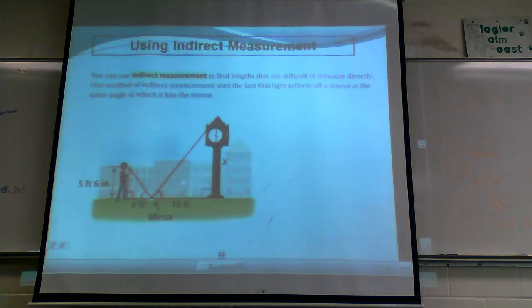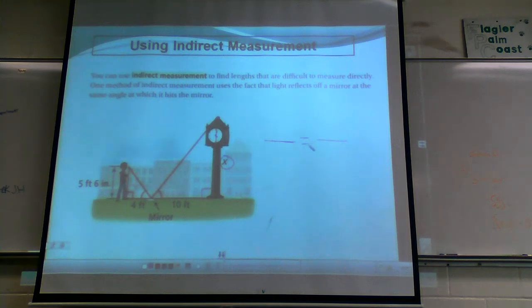This is how indirect measurement works: you create these similar triangles so that you can then find the value of this right here by doing a proportion. And I know I can do a proportion because these 2 are similar, since I have 2 angles congruent. So it's just a matter of recognizing that you have 2 similar triangles and then setting up the proportion accordingly.